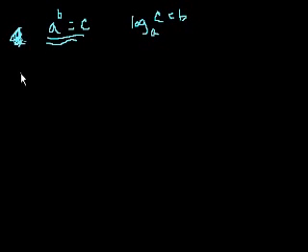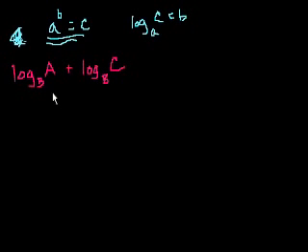So the first is that the logarithm, let's say of any base, so let's just call the base B, logarithm base B of A plus logarithm base B of C, and this only works if we have the same base, so that's important to remember.